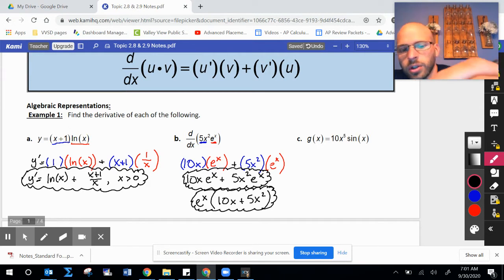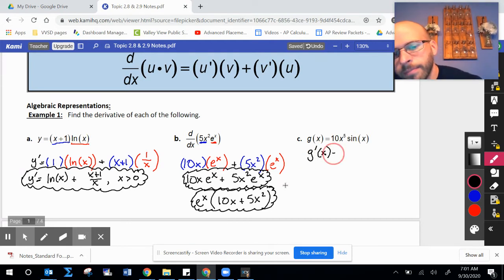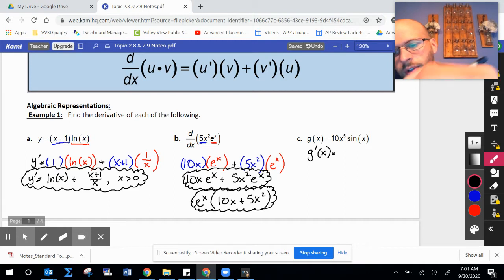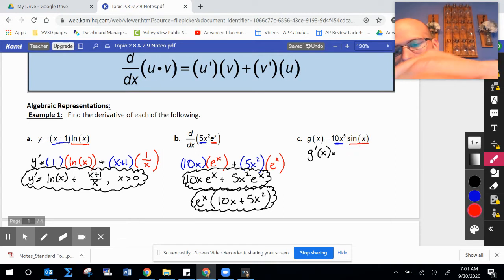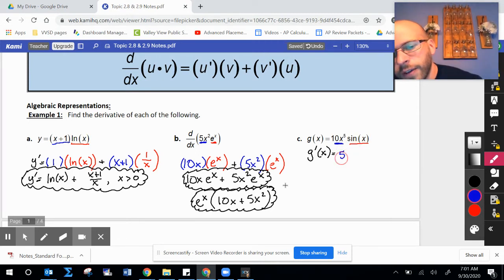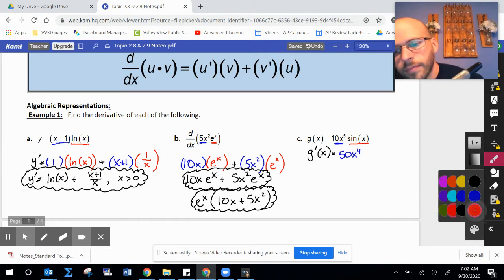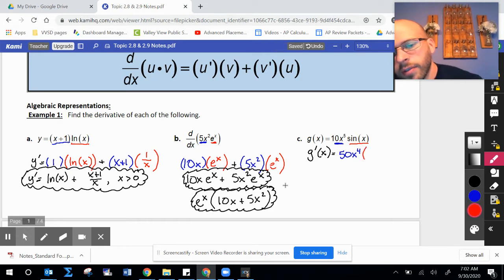Okay, so let's do this next one. I have g of x, so I'm going to use good notation here, g prime. We're going to take the derivative of my first piece, which is 10x to the fifth. That's going to give me 50x to the fourth times the derivative of sine is cosine.